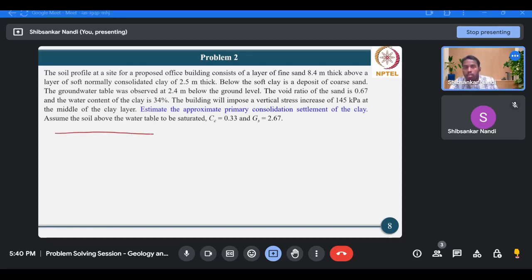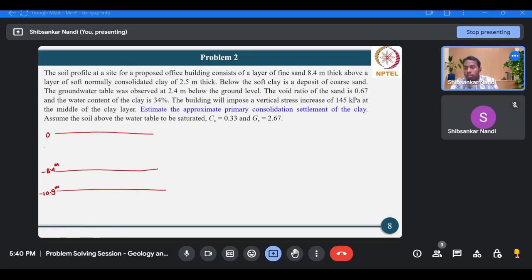If we first draw the soil stratigraphy here. So it's a fine sand of 8.4 meter thick. So this is 0, this is minus 8.4, and then minus 10.9, that means 2.5 meter thick clay, and then again coarse sand.